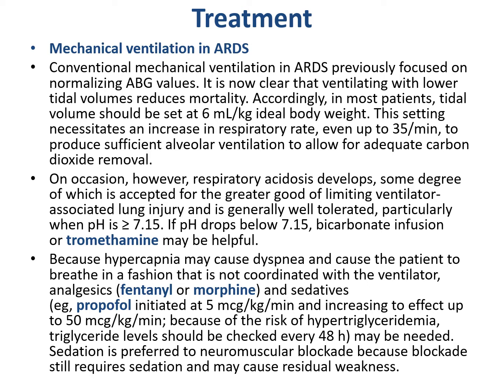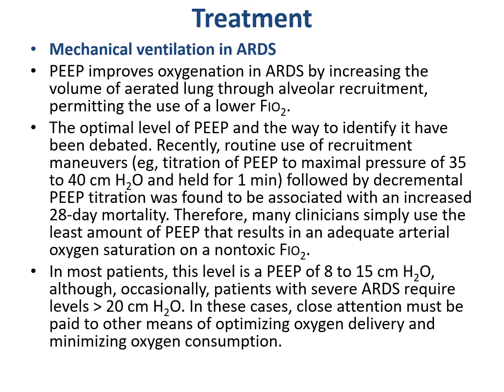Because hypercapnia may cause dyspnea and cause the patient to breathe in a fashion that is not coordinated with the ventilator, analgesics, fentanyl or morphine, and sedatives may be needed. Sedation is preferred to neuromuscular blockade because blockade still requires sedation and may cause residual weakness.